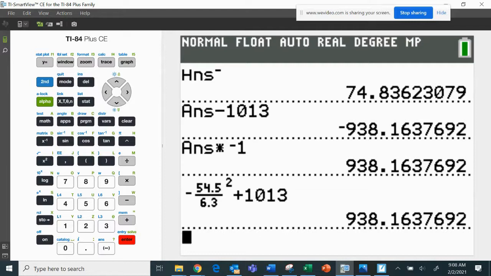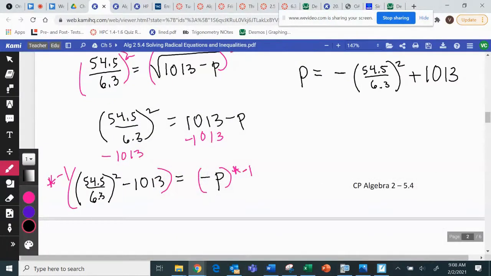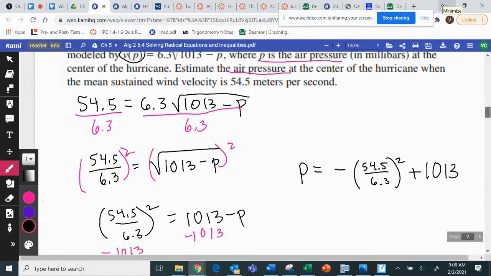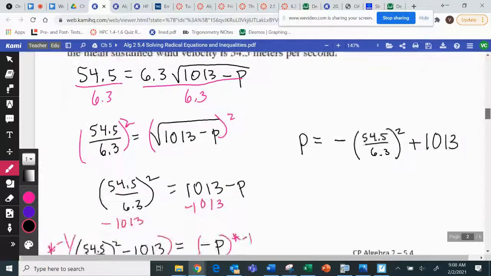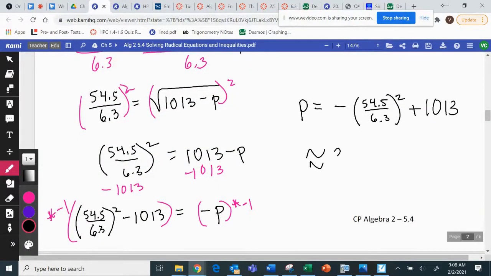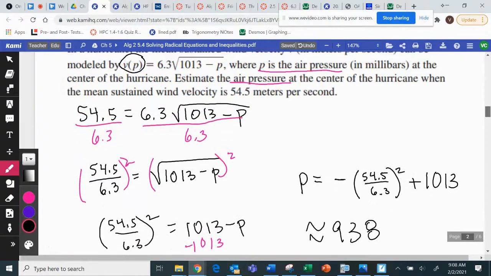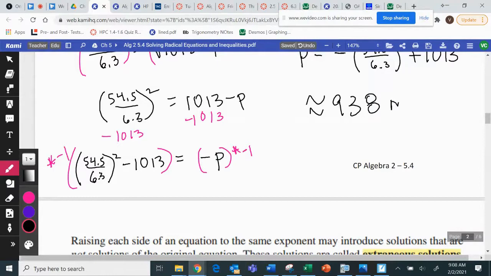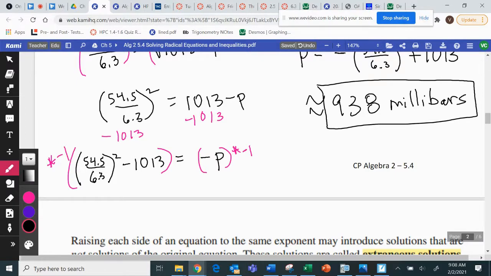So we have approximately 938. Did it say what to round to? No, it just says estimate. So 938. And then I look up here. It is a real life situation, and the air pressure is in millibars. So I write 938 millibars. I do not know what a millibar is, but that's how you measure pressure, apparently.